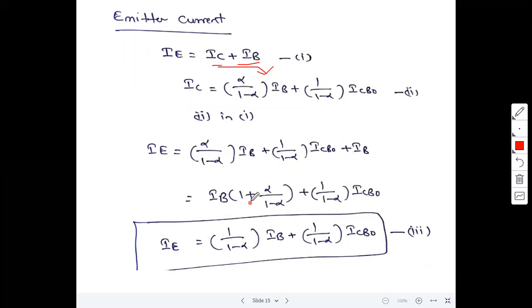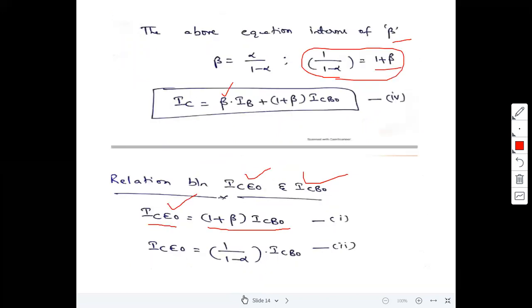Take IB common: 1 plus alpha by 1 minus alpha, that is equal to 1 by 1 minus alpha into IB. The remaining factor as it is, 1 by 1 minus alpha ICBO. So now the emitter current is equal to 1 by 1 minus alpha IB plus 1 by 1 minus alpha ICBO.